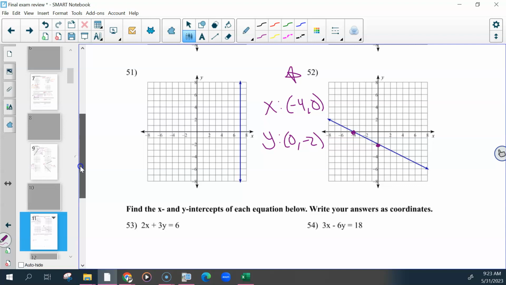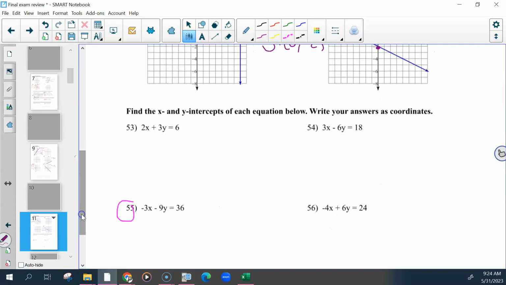Okay. For these, we have to solve in order to find the x and y intercepts by putting 0 into one or the other, not at the same time.